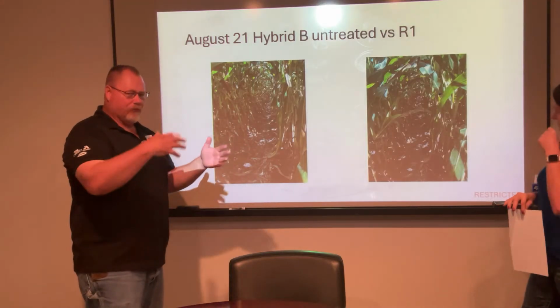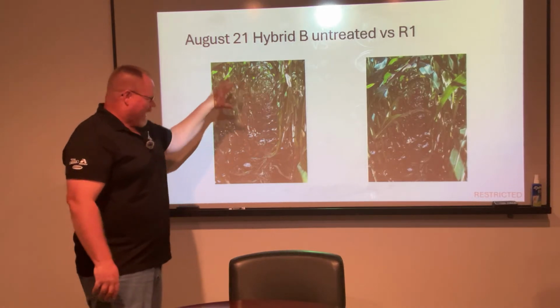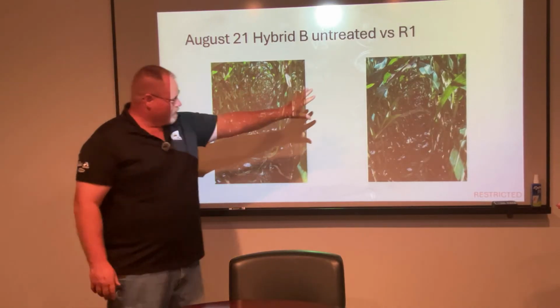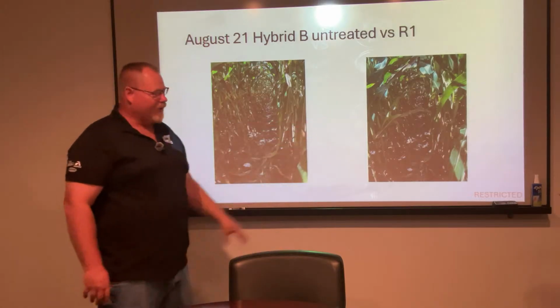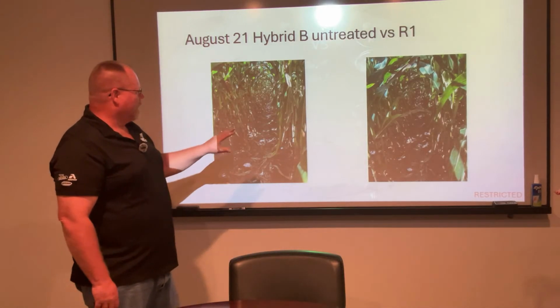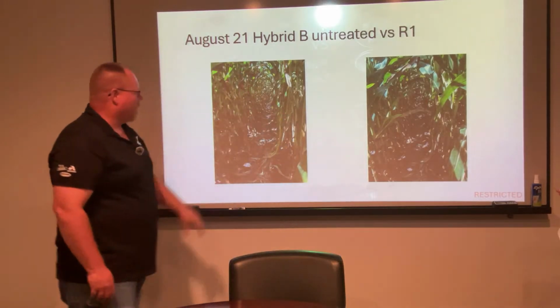It's already reallocating stored sugars and nutrients out of those leaves. It's sacrificing its lower canopy to try to keep the rest of the plant going. This treated plant, lower canopy is still working, still contributing to society, but you can see a little bit of disease and dead leaves in there too, but a lot better than this.